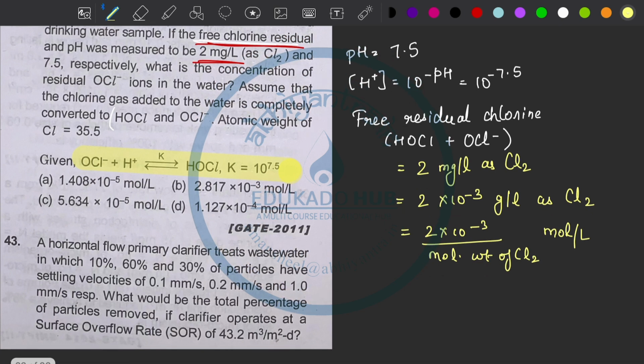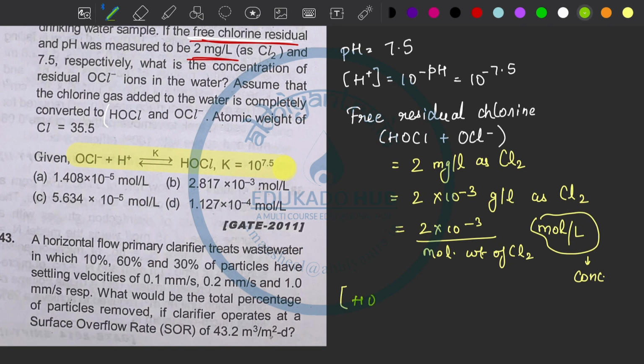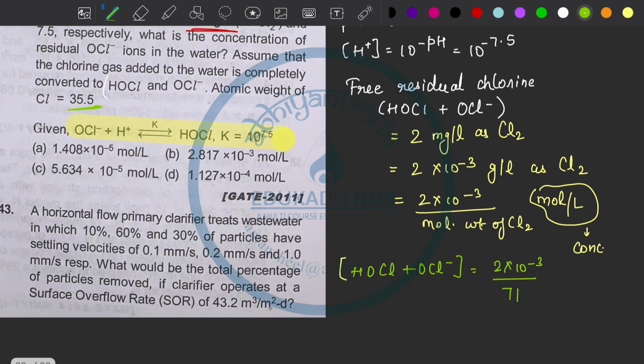So I have changed it into mole per liter, that means I have changed it into concentration, right? So concentration of what? Concentration of HOCl plus OCl minus comes out to be 2 into 10 to the power minus 3 divided by, what is the molecular weight of Cl2? That is 35.5 plus 35.5, which is equal to 71.